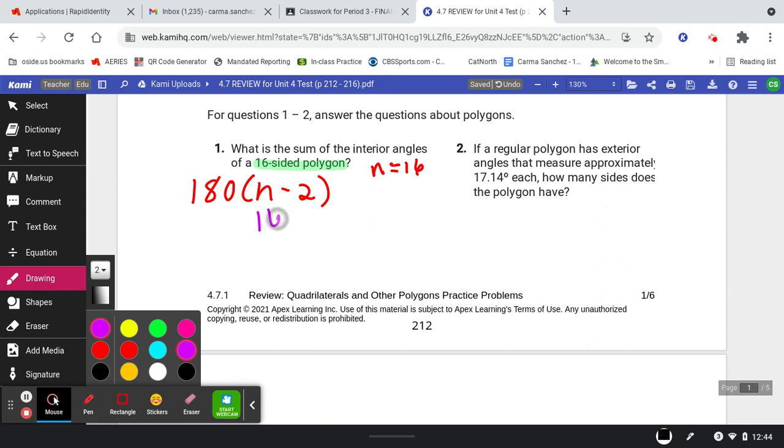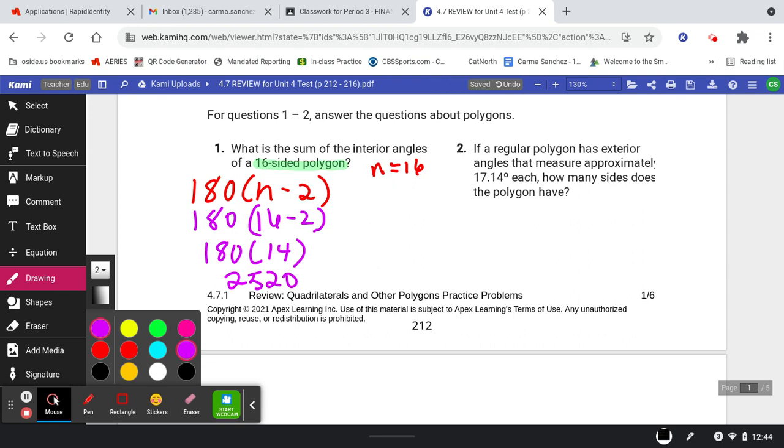So here we go, 16 minus 2 times 180. Grab your calculator, I'm grabbing mine, and do 180 times 14. How'd you do? Did you get 2520?